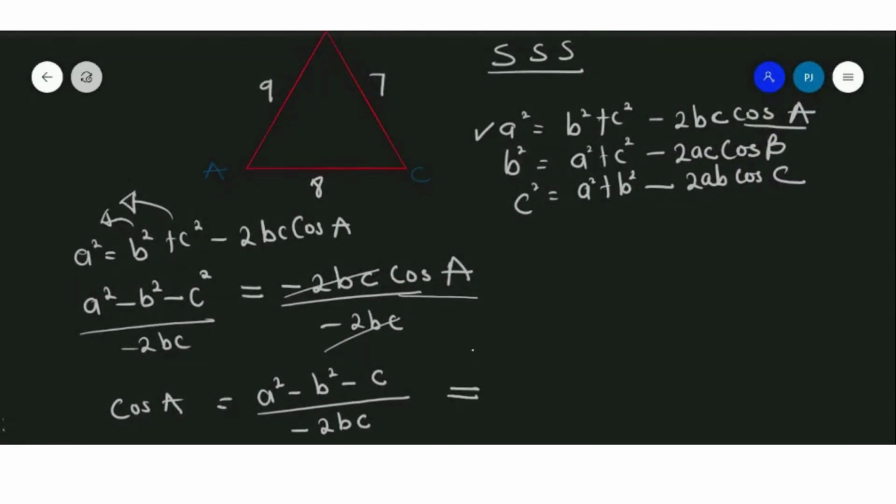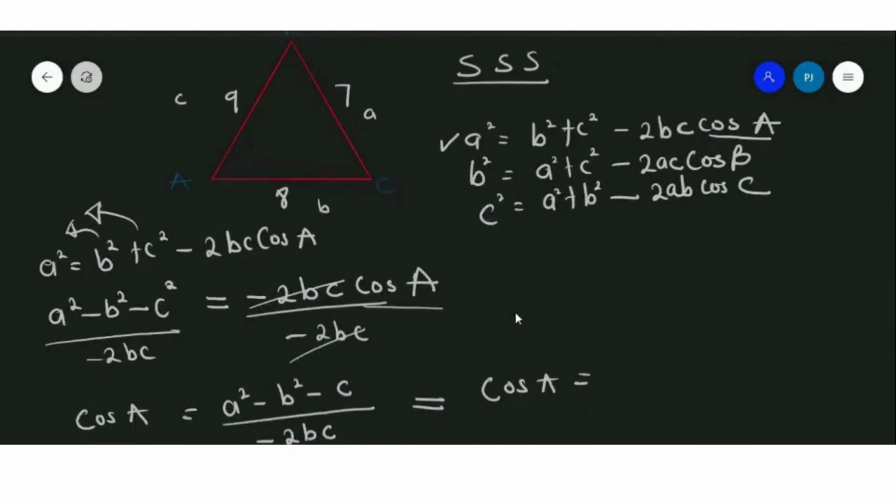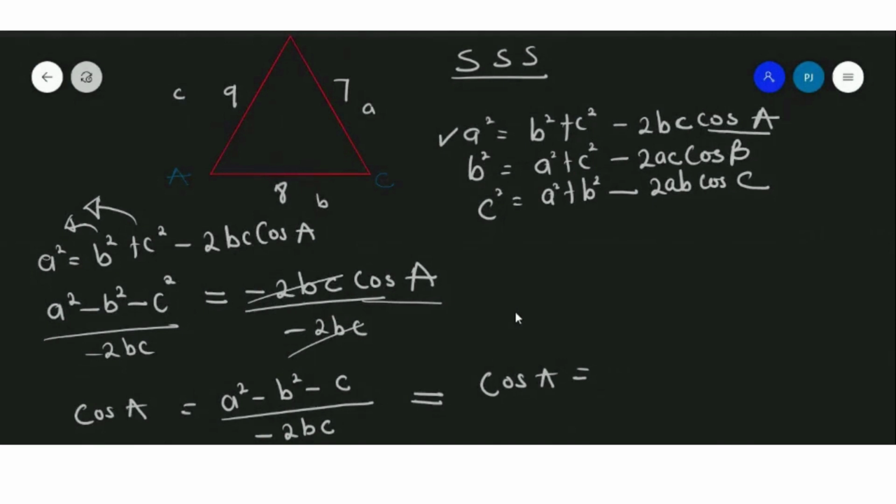Having my formula ready, what is my A? Remember, this is your A, this is your B, this is your C. Take a look at it. So my A is 7.